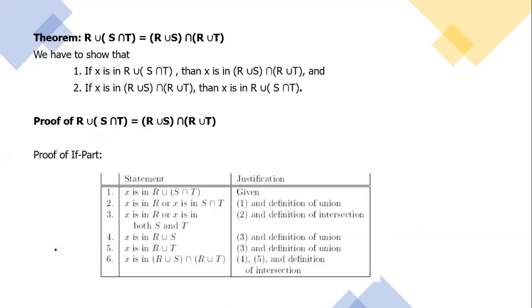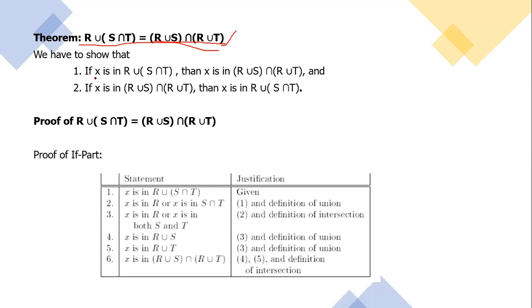We have one theorem. We already studied in maths and discrete mathematics subjects that R union (S intersection T) can be stated in this way also: (R union S) intersection (R union T). Both the things are equal, but we have to prove it. How can we prove?